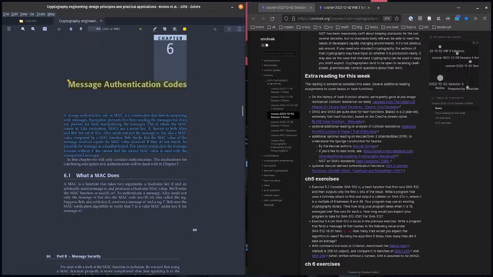So the whole premise in authentication is that if you, let's say Alice and Bob, bringing up Alice and Bob, Alice wants to prove to Bob that she is who she says she is, because if she doesn't, then Eve can arbitrarily say, well, if Eve just happened to tamper with the message, then Bob has no way of knowing that Alice didn't send garbage.